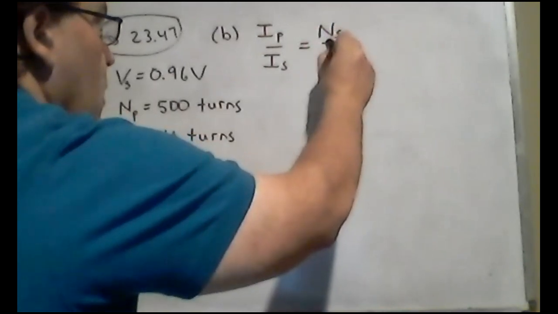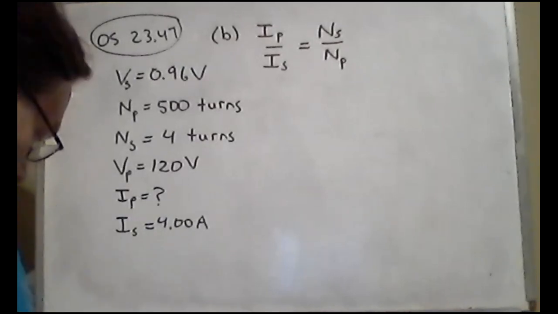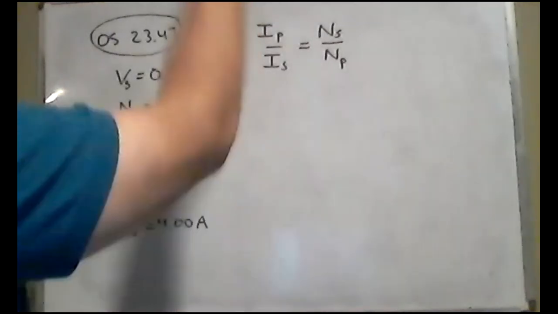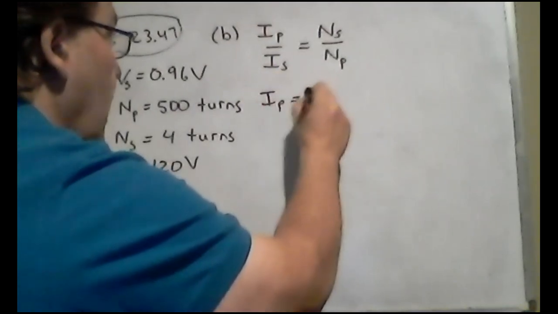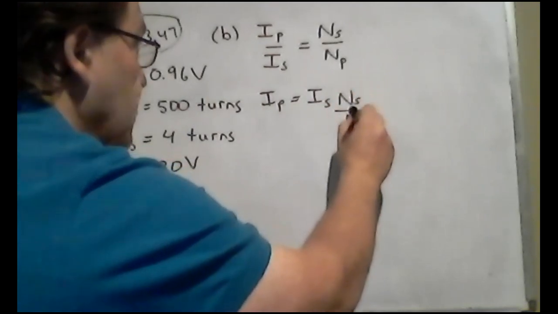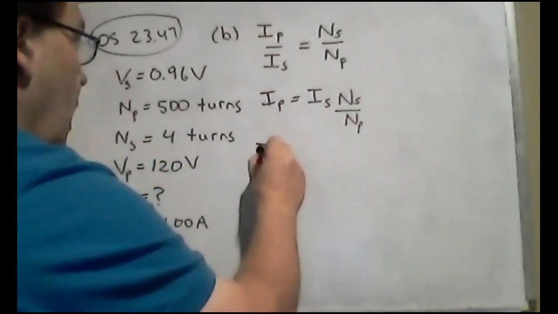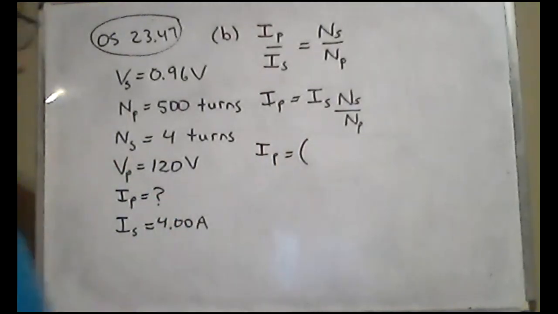Again, what do I want? I want the primary current, so I'll just cross multiply. I sub P is I sub S times N sub S over N sub P. I sub S is the secondary current, which I know is 4 amperes.